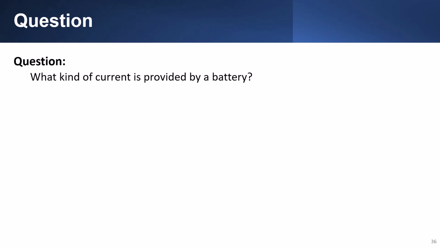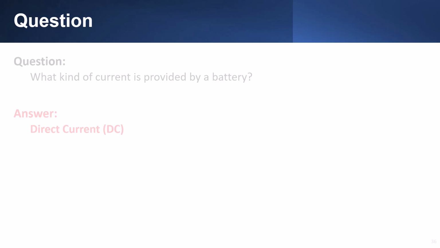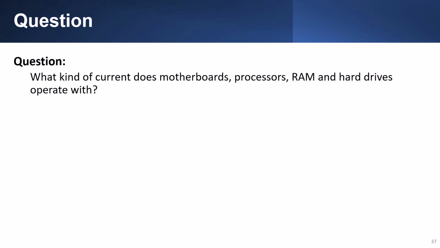Question: what kind of current is provided by a battery? Answer: direct current. Question: what kind of current do motherboards, processors, RAM, and hard drives operate with?